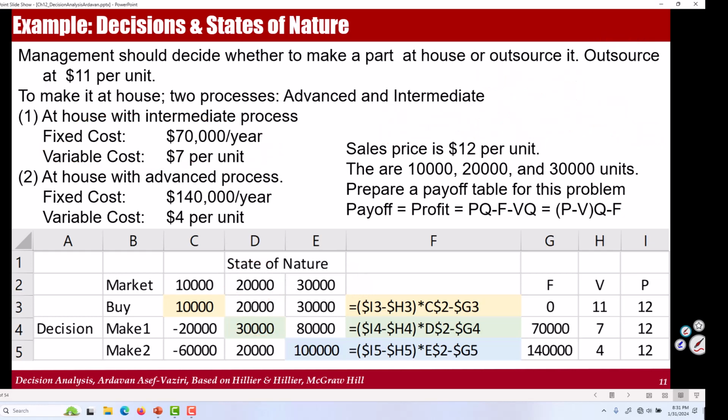If, for example, we want to compute this item here, this is advanced technology for 30,000 sales. For advanced technology, the price is still 12.